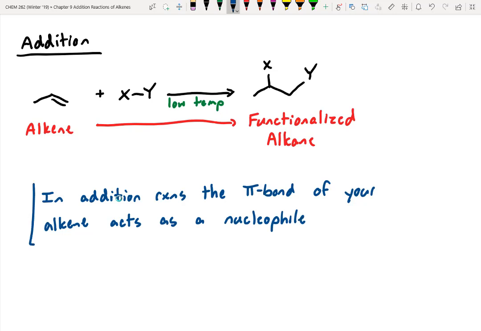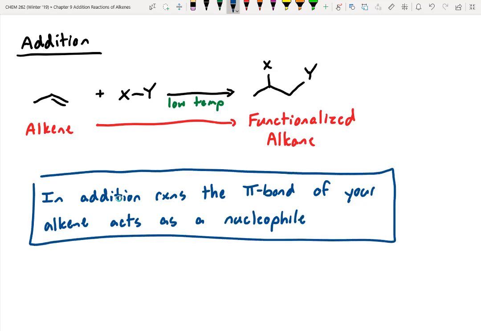This is a bit different than what we saw last term. Last term, we normally saw lone pairs acting as a nucleophile, but in this case, we're going to be using the pi bond. So for example, the first step for a lot of these reactions will involve that pi bond reaching out and attacking some sort of electrophile. There's a whole bunch of variations of this, so I'm going to leave this arrow out for now, but that's the key takeaway for an addition reaction.